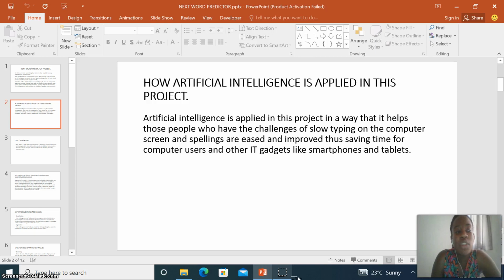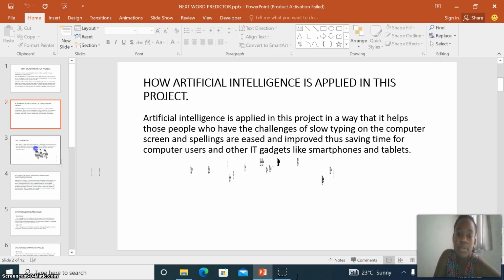It's applicable in that people use it nowadays to determine spelling, because most people may have difficulties with spelling. With the help of the next word predictor project, it provides a list of words so that you can quickly choose the kind of word you want, thus easing your spelling troubles and saving time for computer users and other IT gadgets like smartphones and tablets.